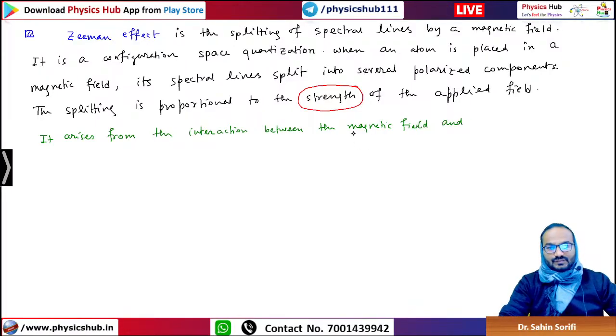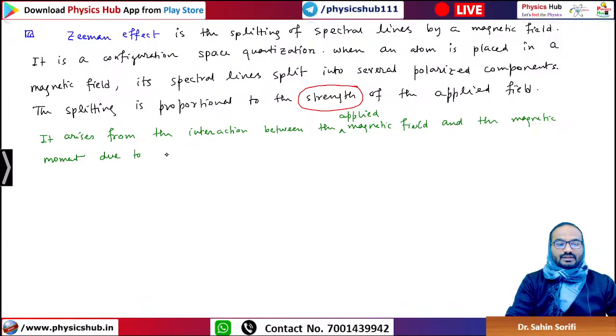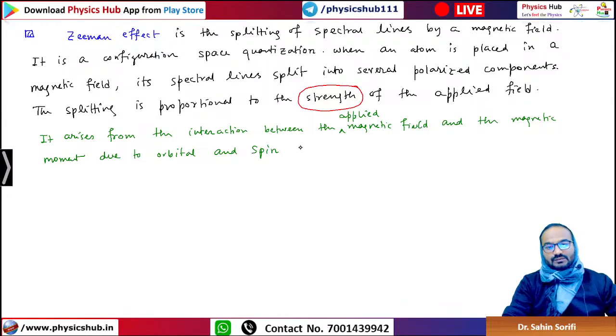You may get confused because a magnetic field is also generated internally. The magnetic moment due to an electron revolving around the nucleus behaves like a dipole. The magnetic moment is due to both orbital and spin angular momentum. We have already derived these things in the previous classes.